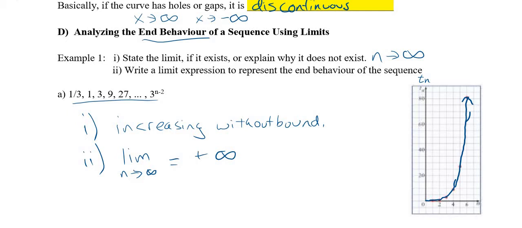So in this case, the limit as n approaches infinity, of t of n, that's a very important part. Basically, we're talking about as n gets closer and closer to infinity, as n increases higher and higher and higher, and we're looking at the function t of n. And basically, this is telling us what's happening here.